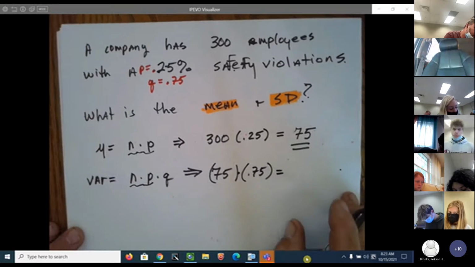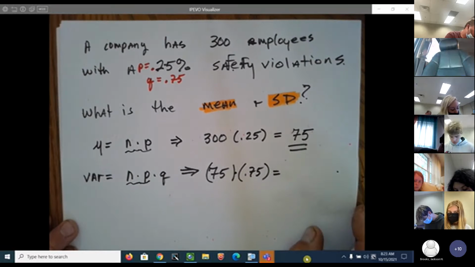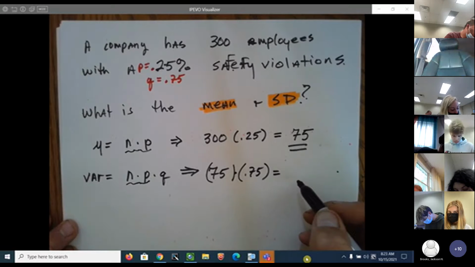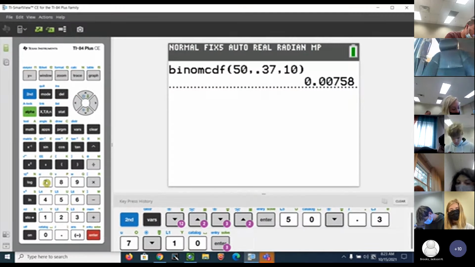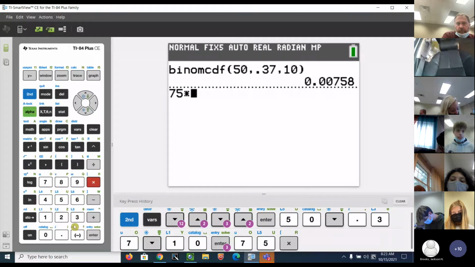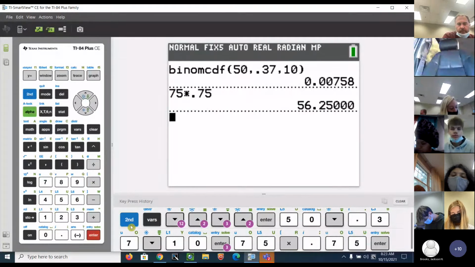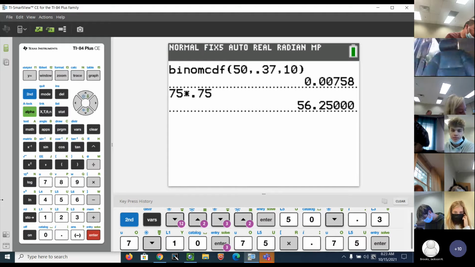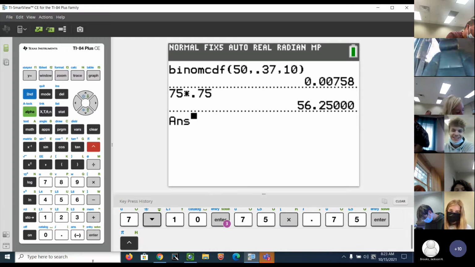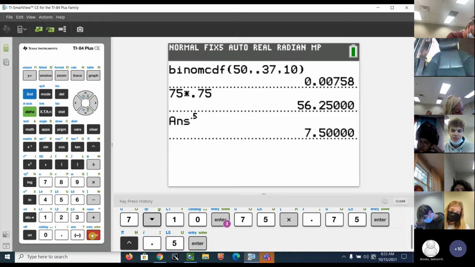What do you get? 56.25. And then the standard deviation is equal to the square root of 56.25, or 56.25 raised to the 0.5 power, which comes out to be 7.5.